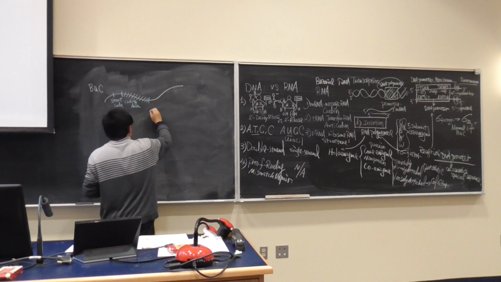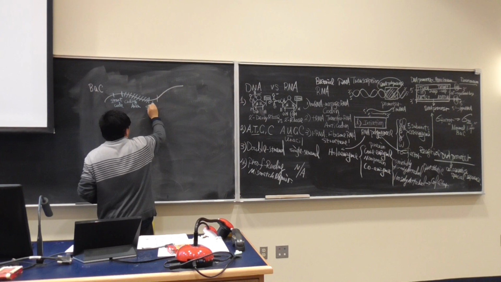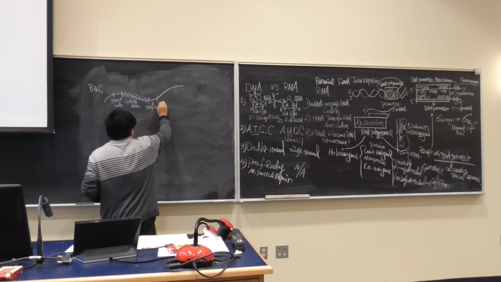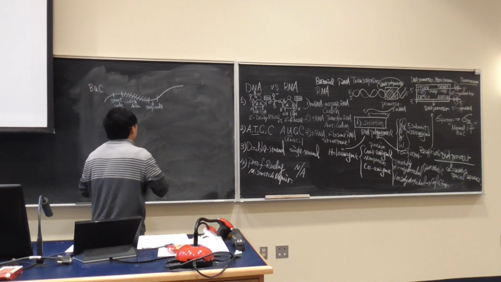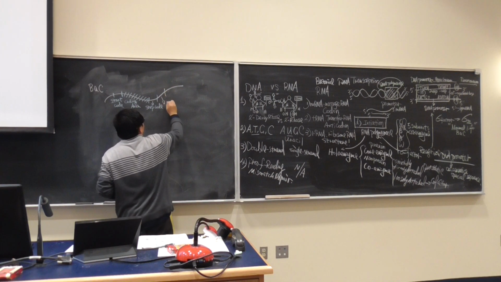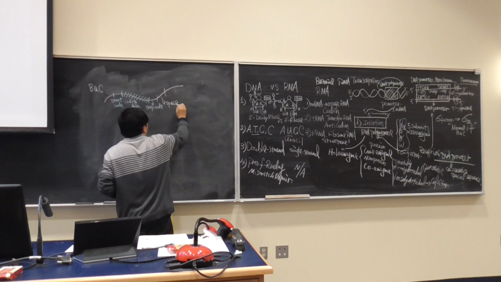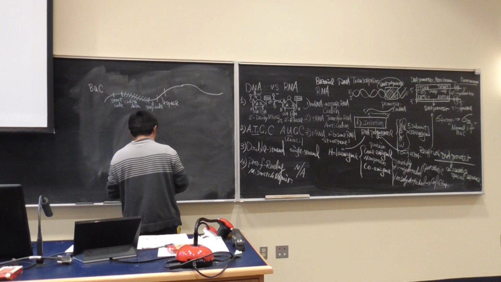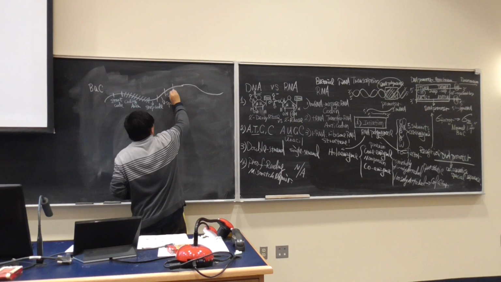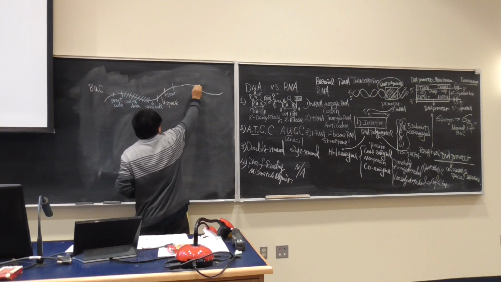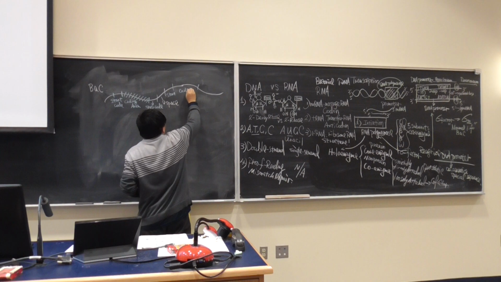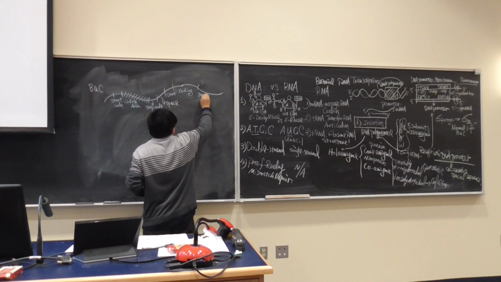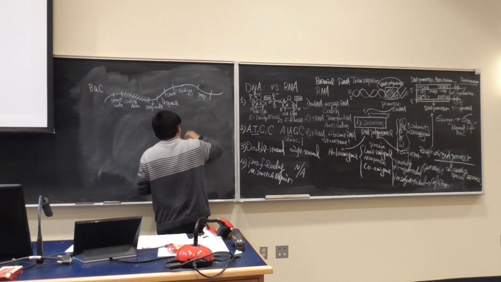Then we have a stop codon, then a big space between that. Then we do the same thing again: a start codon, coding area, a stop codon, and then a space again.